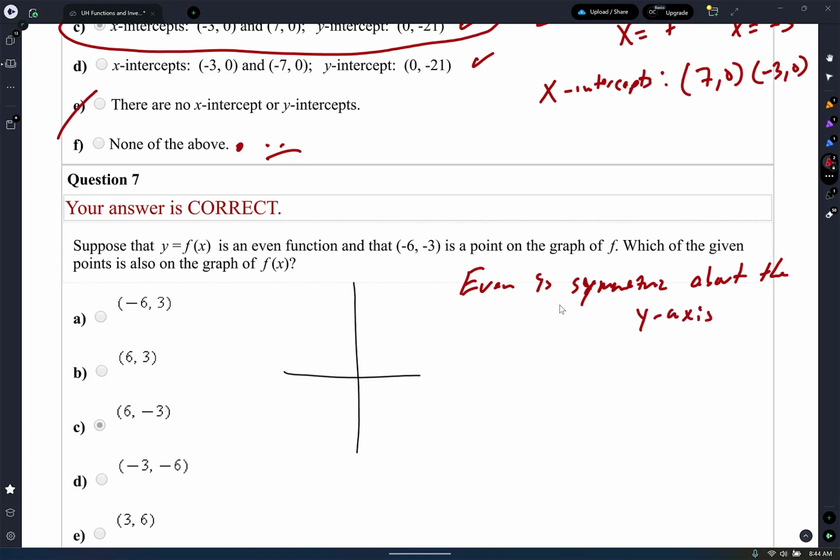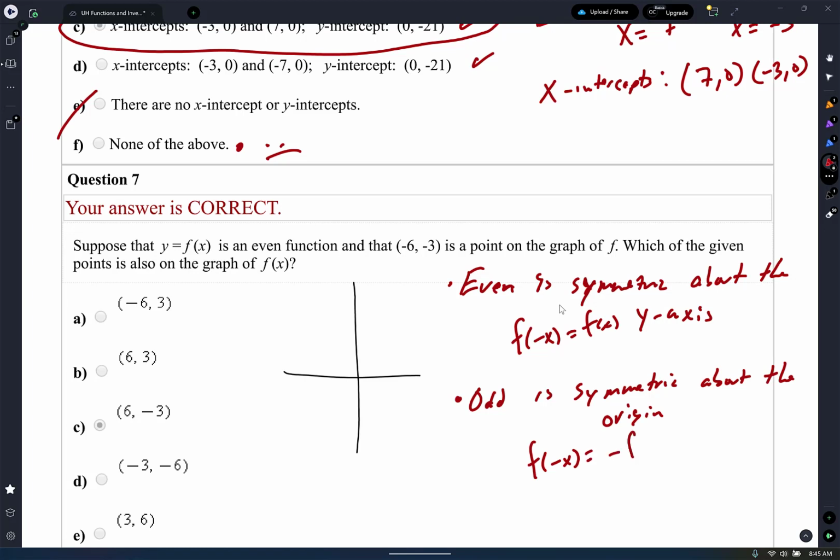And I guess they could also ask odd, so let me write the odd one here. Even has this property, f of negative x equals f of x. And then odd is symmetric about the origin. And that means f of negative x equals negative f of x.